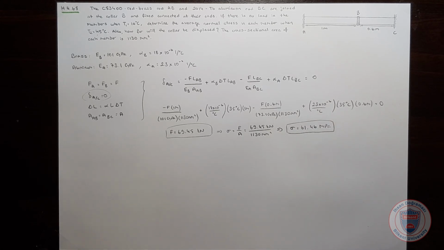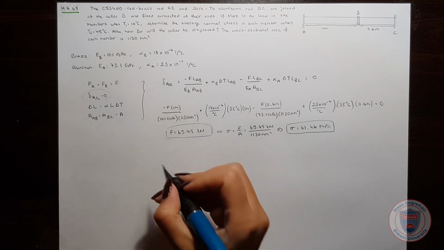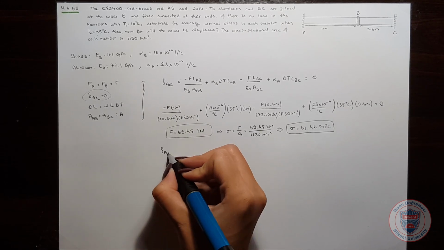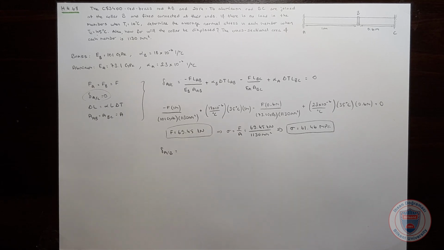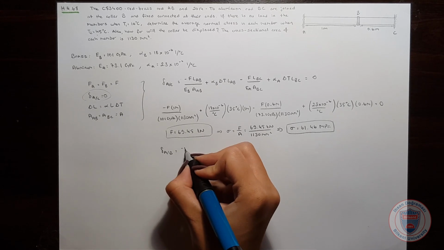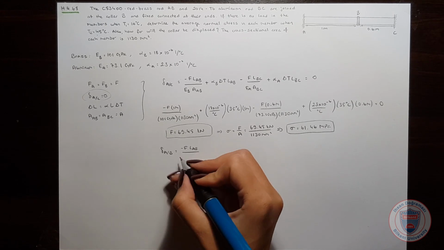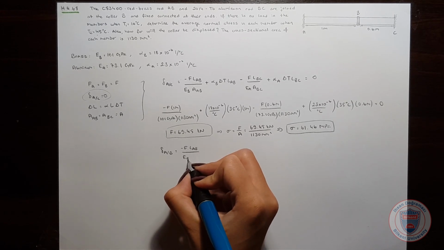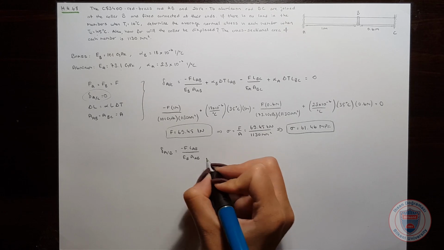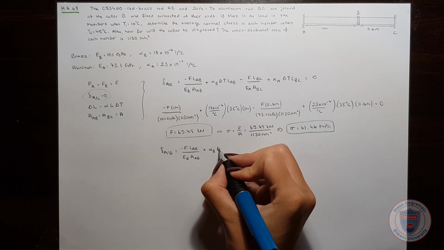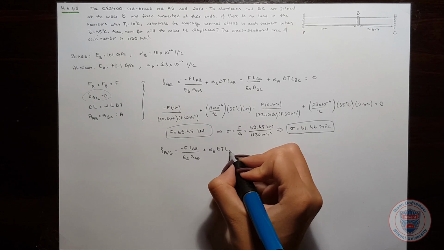Now, we also would like to find the displacement of the collar. We can say that the displacement of the collar will be from A to B, and it will be equal to F L_AB over E_B times A_AB plus alpha_B times delta T times L_AB.